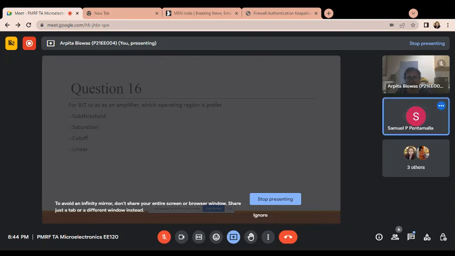On the voltage transfer characteristic, this is the linear region, so here is the Q point. If we are taking saturation, then what happens? The output will be 0 or 1.